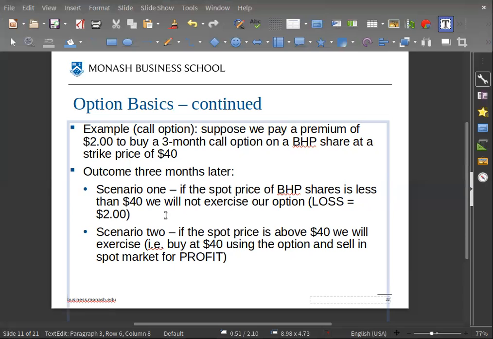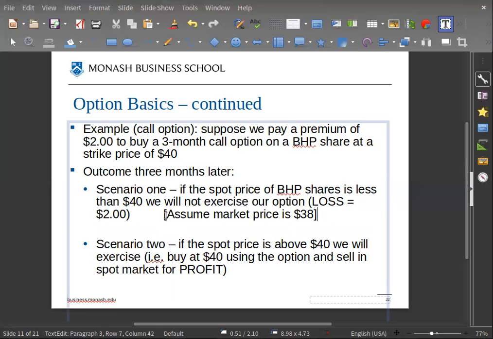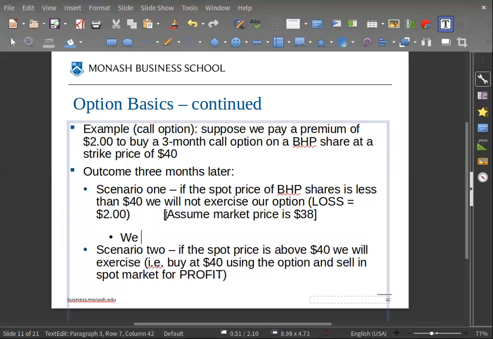Why should we buy the share of BHP from our option seller at $40 when we can simply go to the market and buy it for 38? It would not make any sense. So in this case, our loss would be our premium amount, whatever amount that we paid to get this option, those $2. That would be our loss because we are not exercising our option.